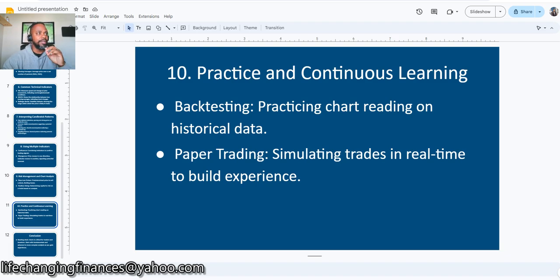Now, let's talk about practice and continuous learning. So, back testing, practicing chart reading on historical data, and then you have paper trading, simulating trades in real time to build experience. What I would say about paper trading, number one, it is very inspiring to be able to go in and practice with large amounts of money.